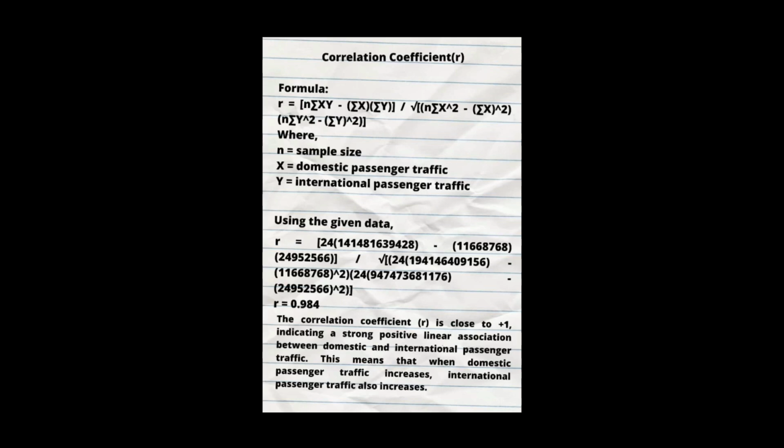The correlation coefficient is close to 1, indicating a strong positive linear association between domestic and international passenger traffic. This means that when domestic passenger traffic increases, international passenger traffic also increases.